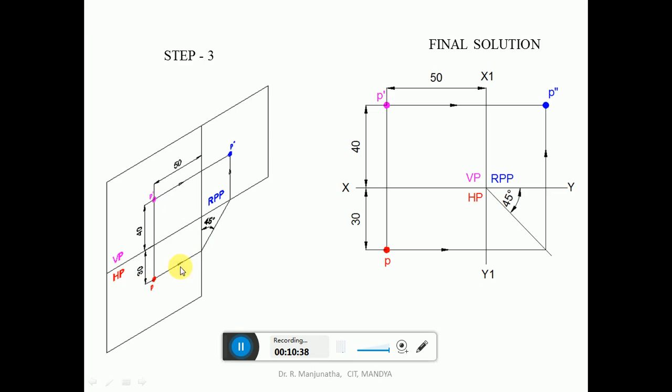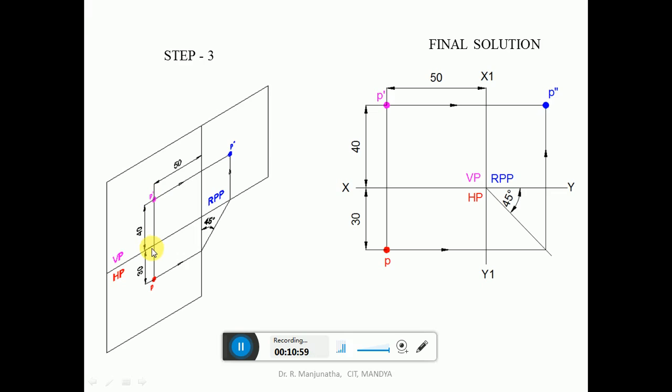So we got this. Then the distance above HP, which is seen in VP, is this vertical distance, 40 mm above HP. Since the observer is looking from the front view, the point will be P dash.